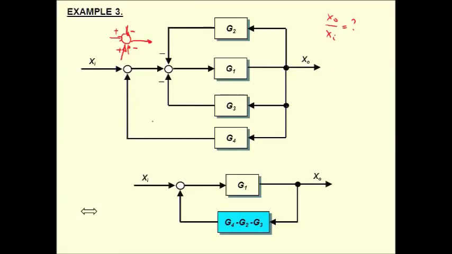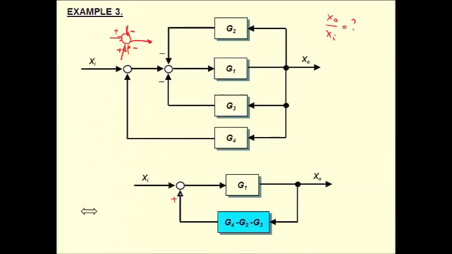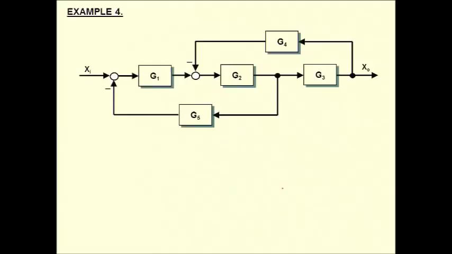Plus, that's coming from G4. Plus, plus, minus, minus. So this is plus G4, and then minus G2 minus G3, combined together in positive feedback. So it's a plus. So that I can then just use G1 as the G, and G4 minus G2 minus G3 as the H, and use the formula and get that answer.